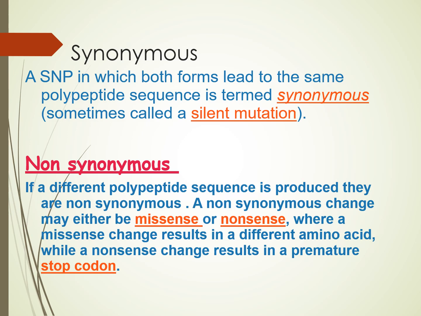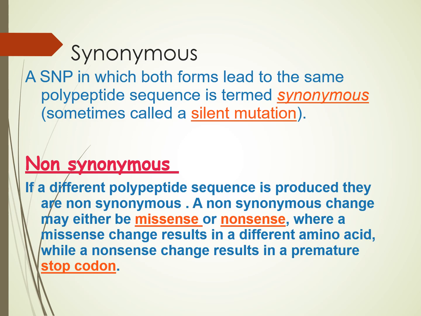So different nucleotides are present at that location, but the change in the nucleotide results in the coding of the same amino acid. Understand? That will be called synonymous because the amino acid is not changing. Although the codons are different, due to degeneracy of the codon, the same amino acid is being coded. So it will be called synonymous or silent mutation.